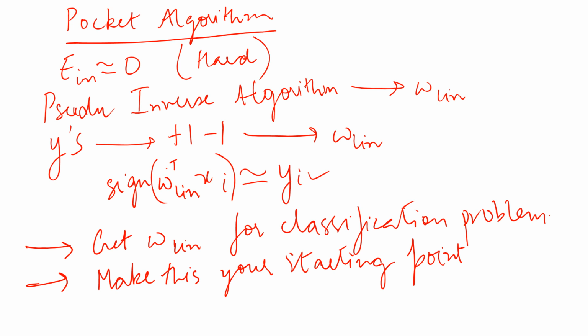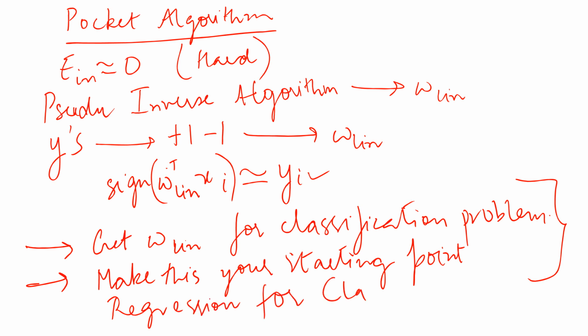So this algorithm will be called regression for classification. If we do this, where the starting point is my pseudo-inverse and then we apply the pocket algorithm, this is known as the regression for classification algorithm. Basically, we utilized the power that we get out of setting the gradient of E_in equal to 0 and getting the optimal weights.